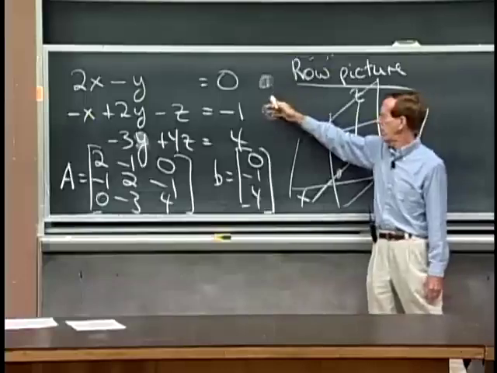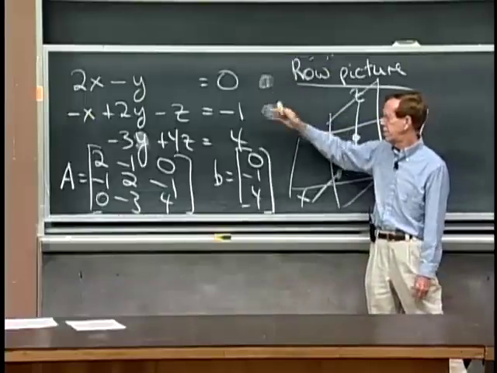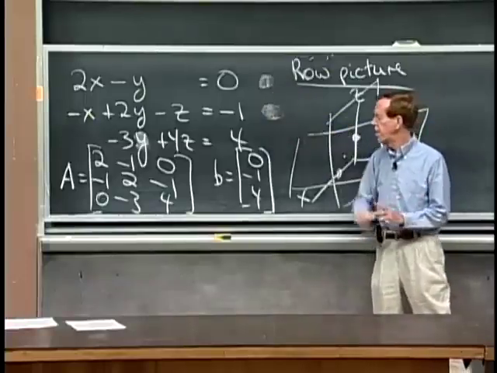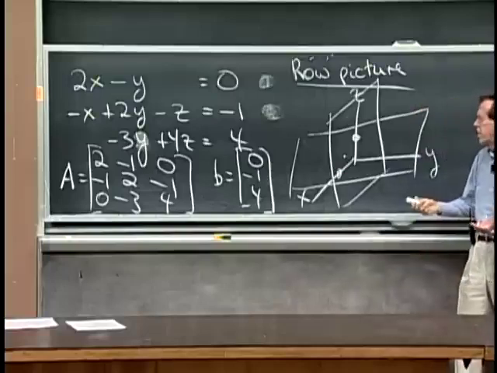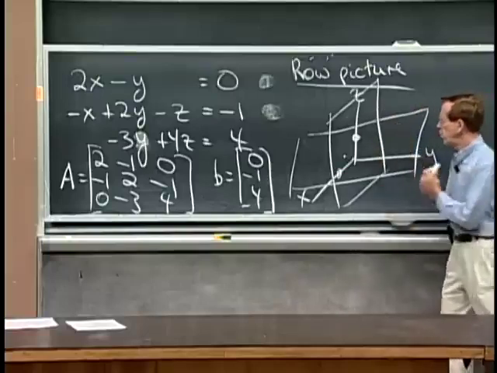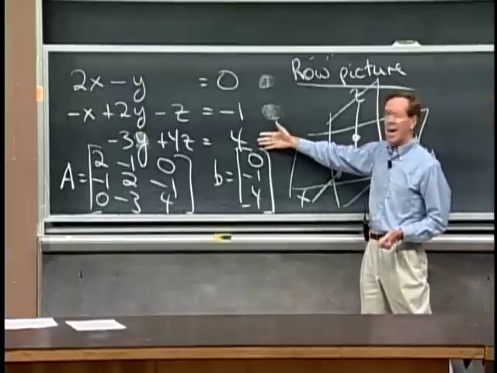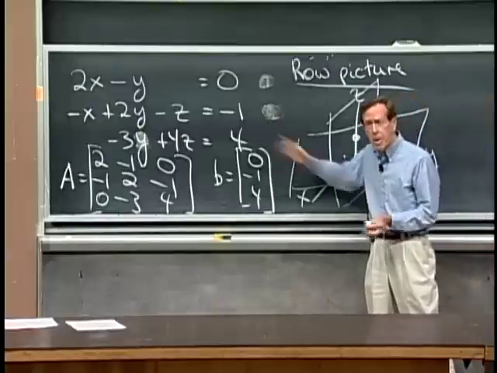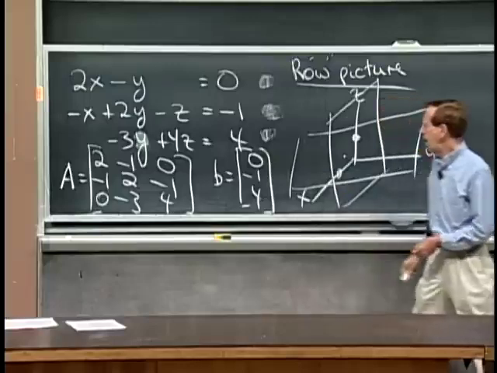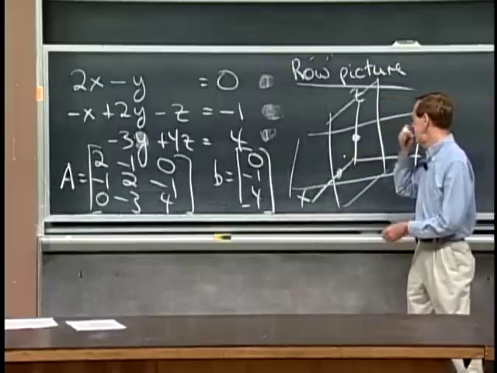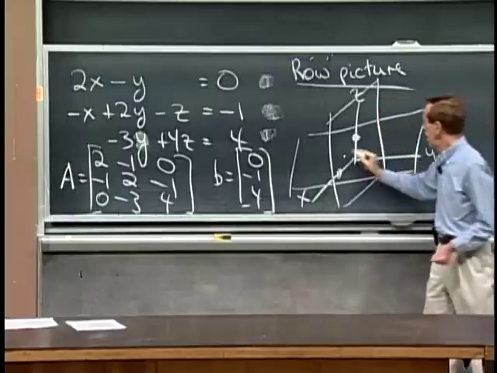So if I have two equations, just the first two equations in 3 dimensions, those give me a line, the line where those two planes meet. And now the third guy is a third plane, and it goes somewhere.